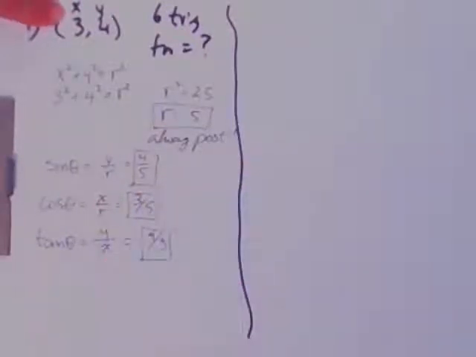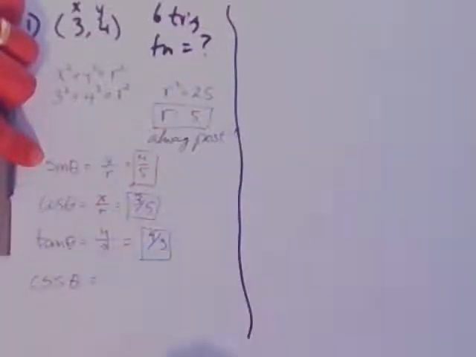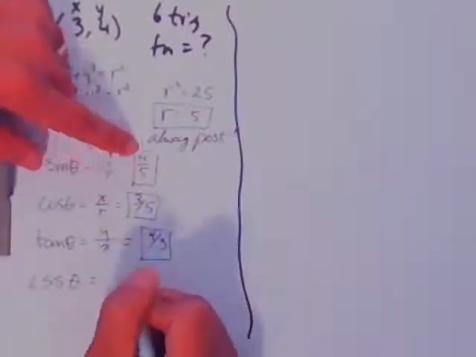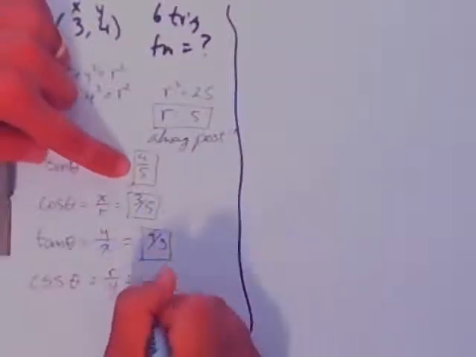There it is. They want all 6 trigonometric functions. We have to do the reciprocal of sine, if you guys remember that. It's the cosecant of theta, and we flip that, r over y, which is 5 over 4.